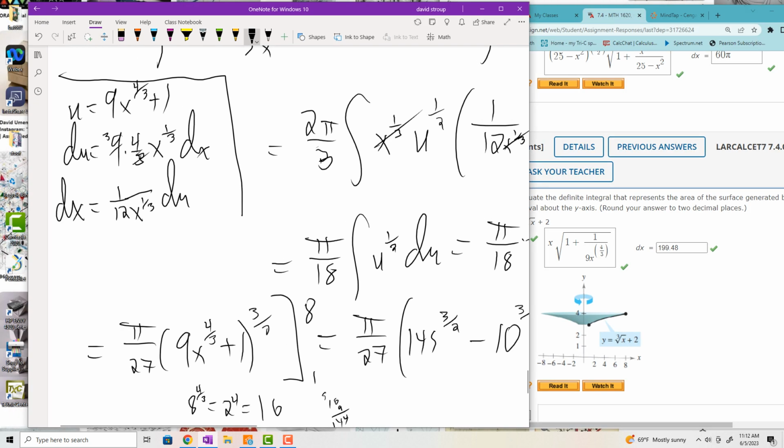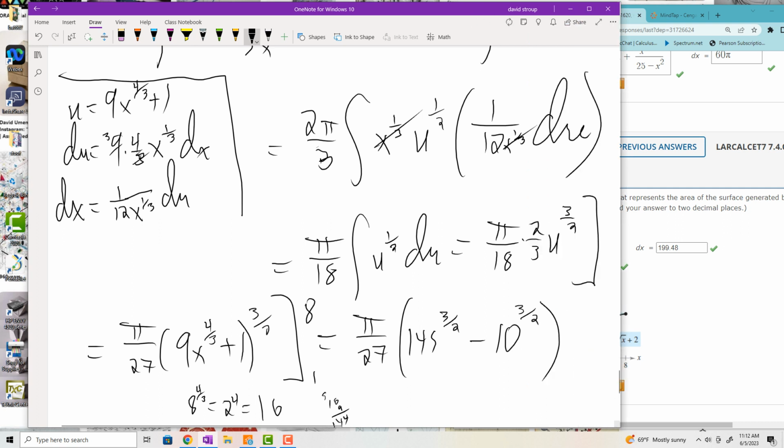Okay. And then we want to get a 2 decimal approximation. So go to your calculator and see how that works. So what do we got? 9 over 27 times 145 to the 3/2 minus 10 to the 3/2 is 199.48.